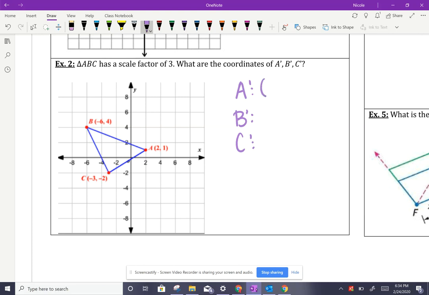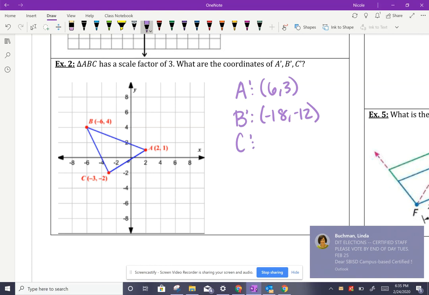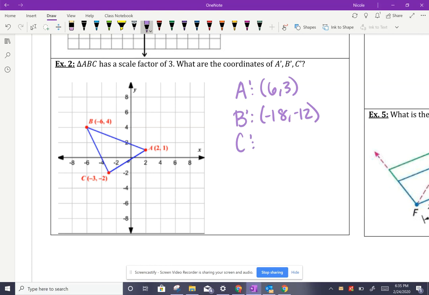I multiply by 3 and it becomes 6, 3. B was originally -6, 4. I multiply by 3 and we get -18, 12. And for C prime, we take -3, -2 and multiply by 3 and get -9, -6.